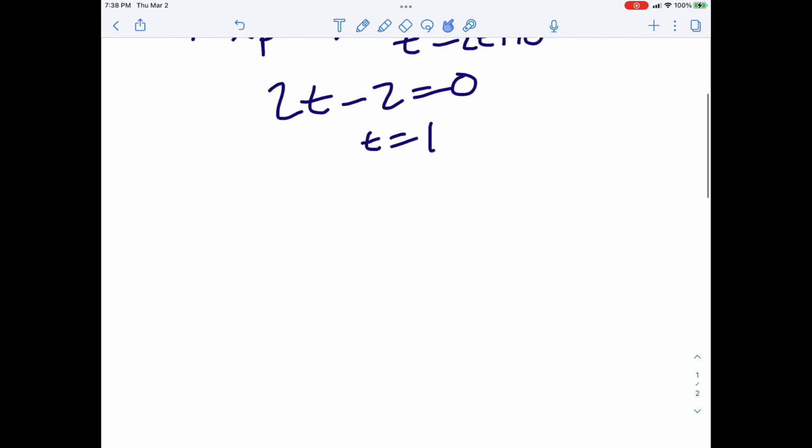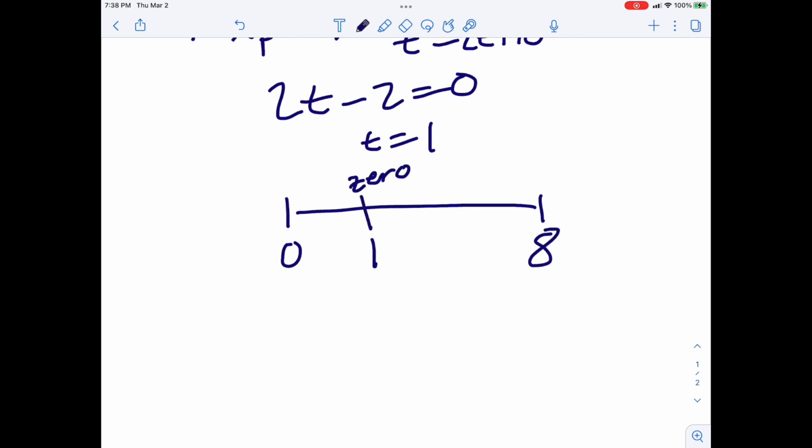Since they're asking for a time interval, I'm going to set up a sign chart to see where the velocity is negative. From 0 to 8 is our time interval, and at t = 1 we have a 0. I'm going to quickly plug in values, and I get that it's negative here and positive here.